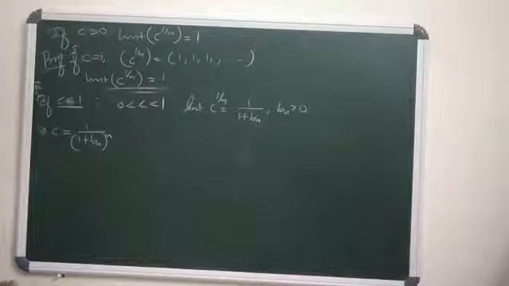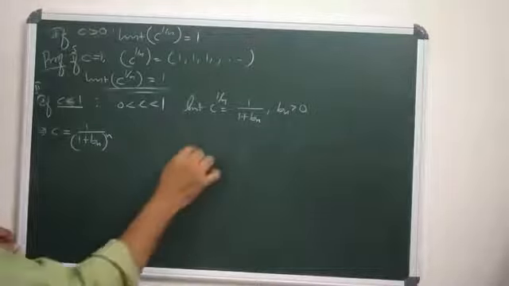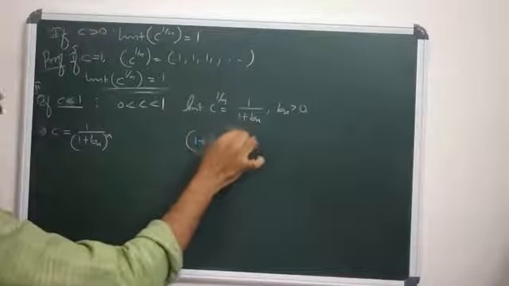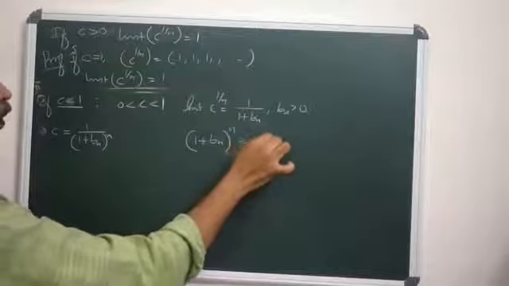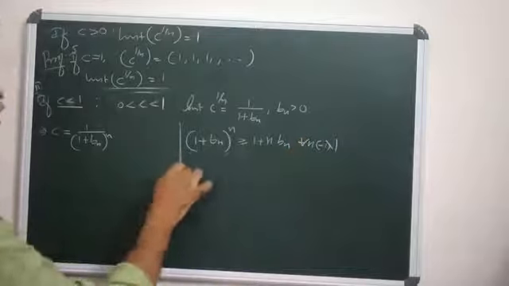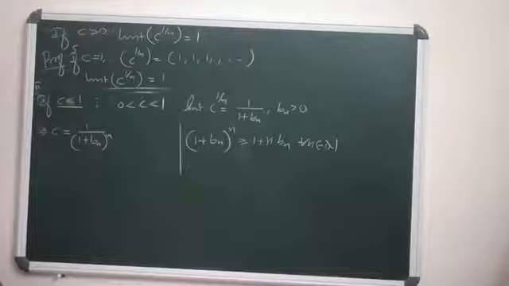But by Bernoulli's inequality, (1 plus bn) all power n is greater than or equal to 1 plus n into bn for all n in N. Why? This is because of Bernoulli's inequality.